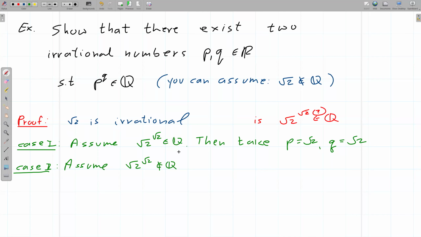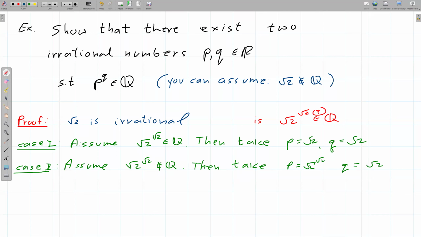In this case, we cannot say we're done, but we have found another irrational number. So in this case, take p to be square root of 2 to the square root of 2, and q to be square root of 2.